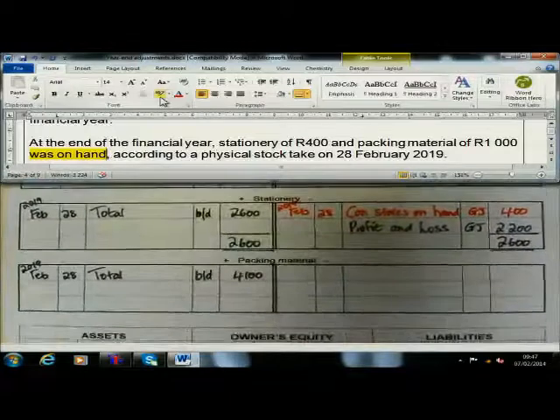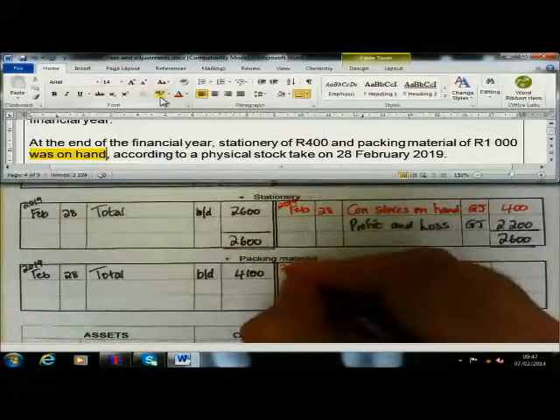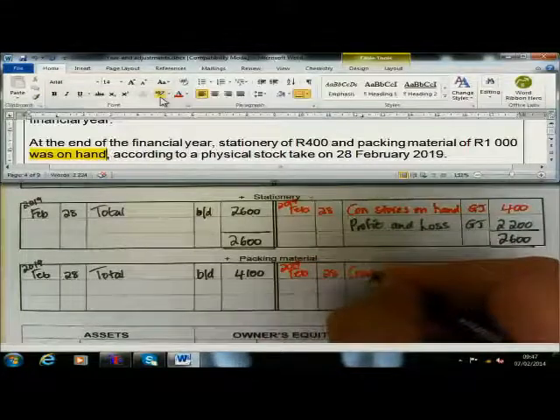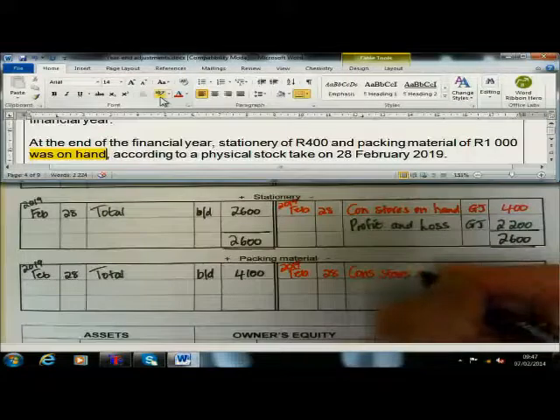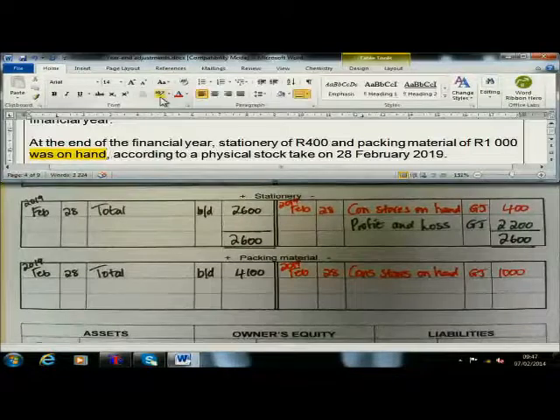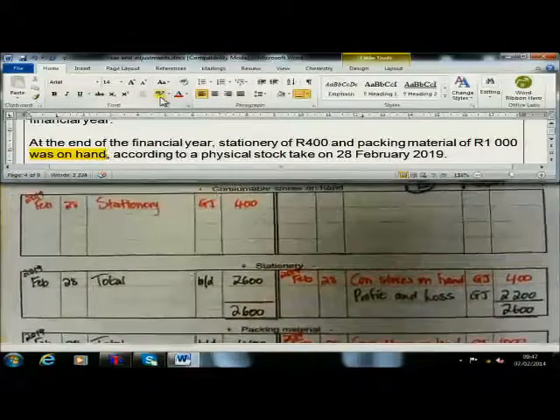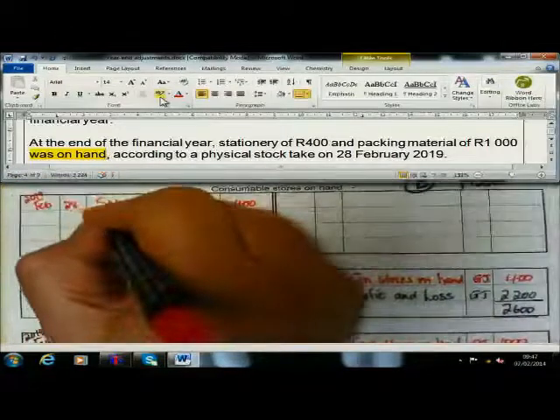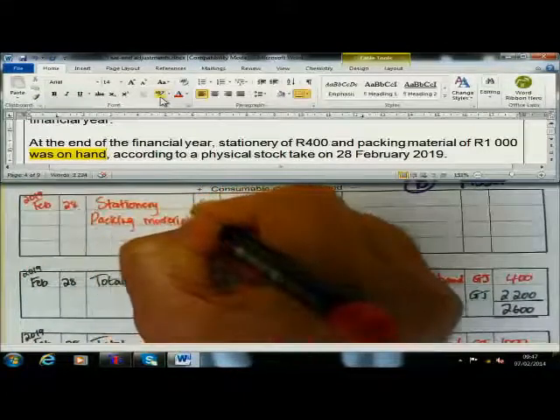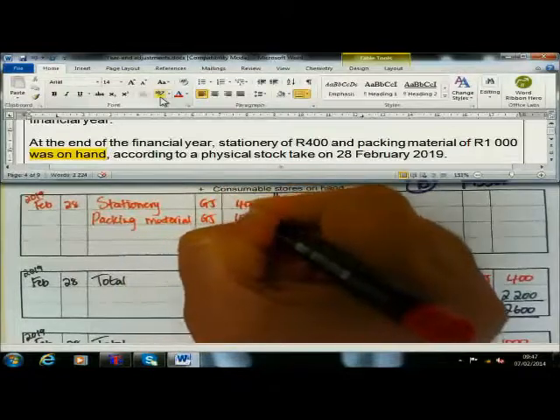Packing material, 1,000 Rand, 2019, February 28, consumable stores on hand, 1,000 Rand of that 4,100 Rand we didn't use. That we are going to put in our consumable stores on hand as packing material, because we can count it.